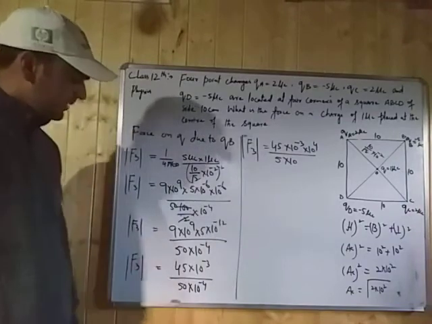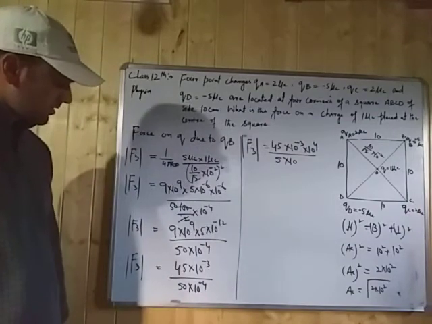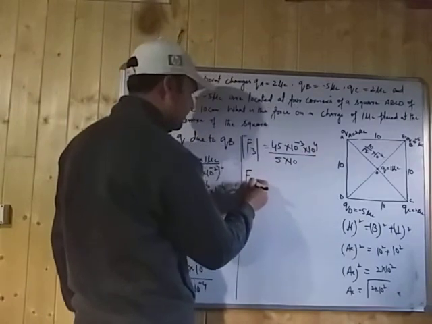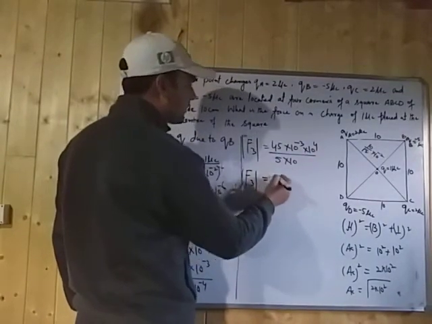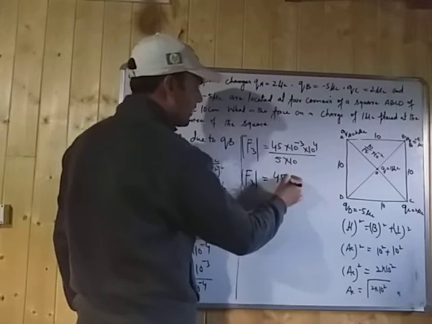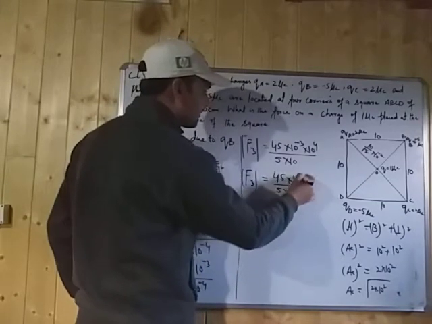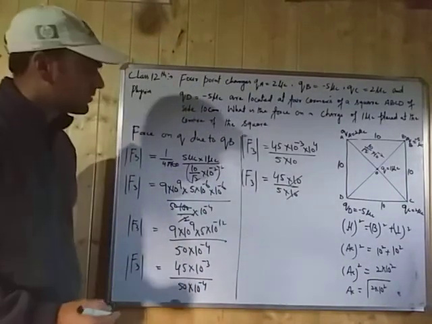Or we can write here magnitude of force F3 equal to 45 into 10 divided by 5 into 10. So the 10 and 10 will cancel each other.